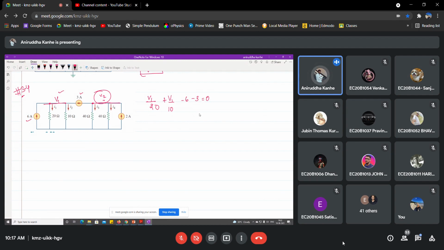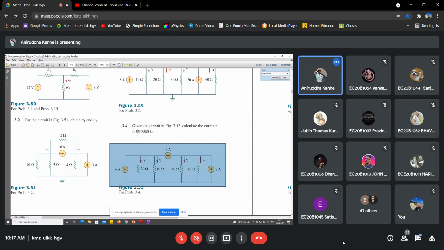Similarly for V2, this is your equation number 2: V2 divided by 40, plus V2 divided by 40 again, and this 2 amperes is minus 2 because it is inward, and this 3 amperes is outward with respect to V2, hence plus 3. That is equal to 0. Is that okay? Yes, sir.